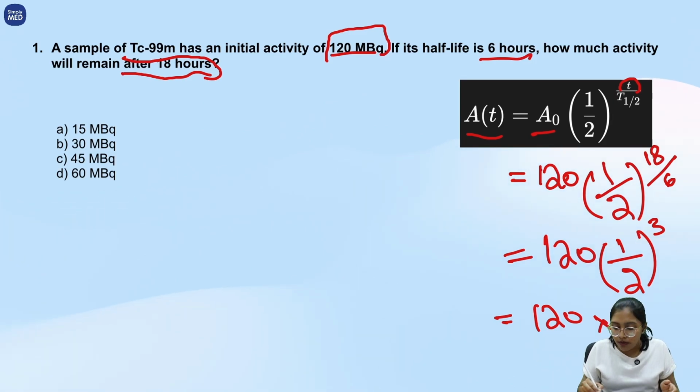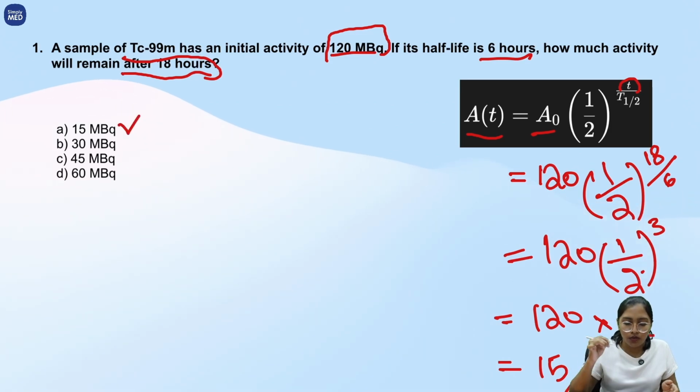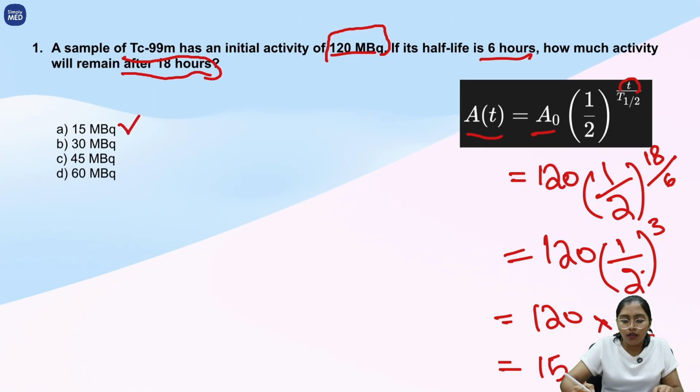Now 2 to the power of 3 is 2 into 2 into 2, which is 8. So 120 into 1 by 8. 120 by 8 is equal to 15. Do we have an option 15? Yes, the first option itself. So this is how we solve this equation.